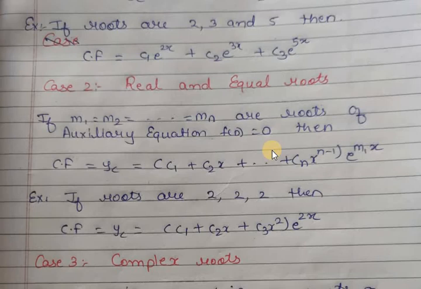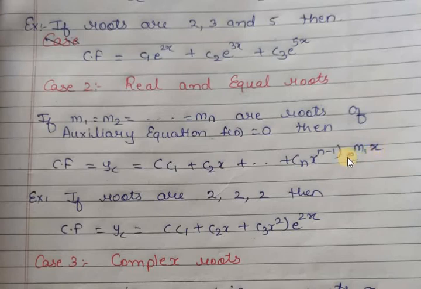So here, as you can see, the roots obtained from the auxiliary equation are real and equal, because minus 2 is repeated. Okay, therefore CF can be obtained by this formula. Therefore CF will be (C1 plus C2x) into e raised to minus 2x.